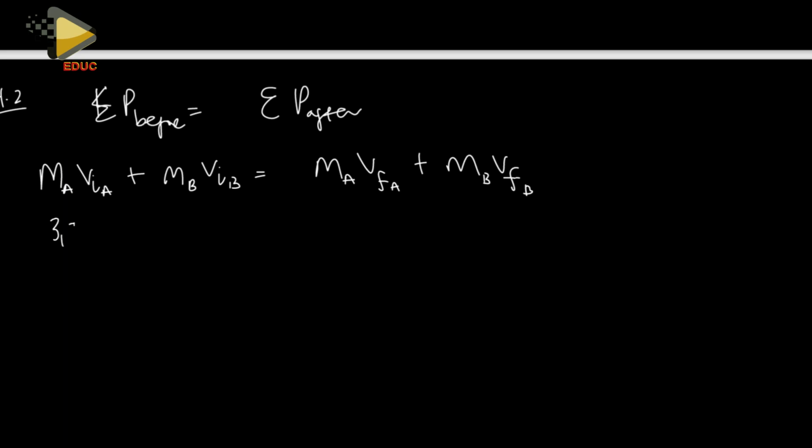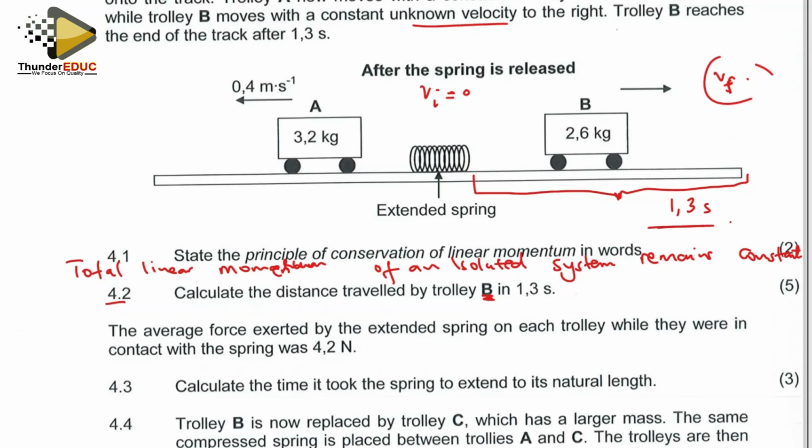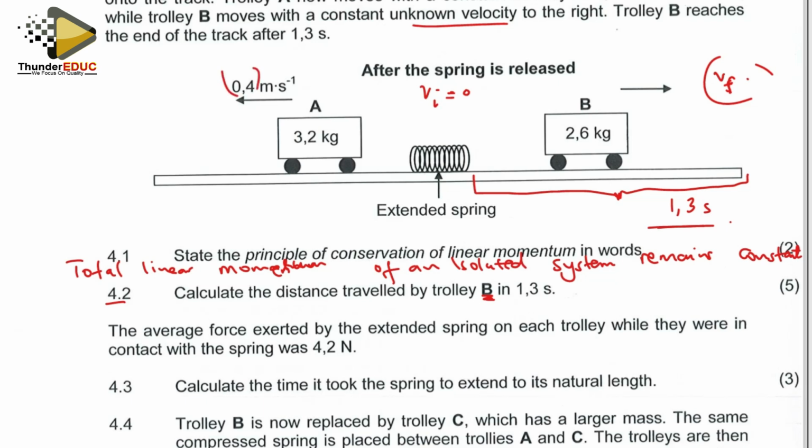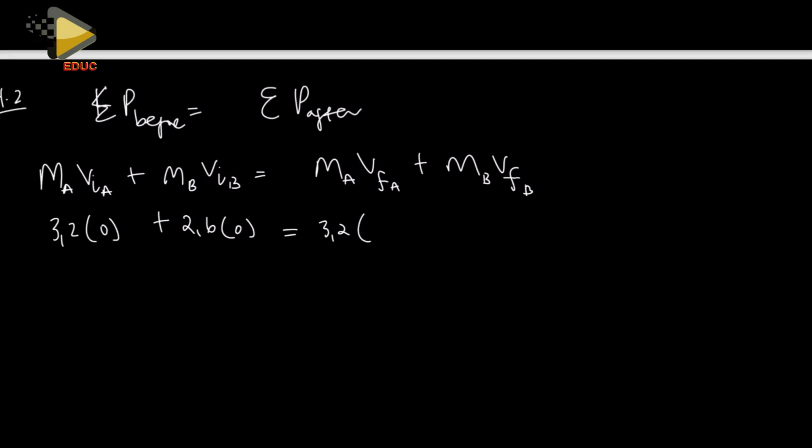Initially, it was at rest. Mass of B is 2,6. Initially, it was at rest. That is equal to the mass of A, which is 3,2, but then the velocity of A is 0,4 in the opposite direction, so I'm going to take that to be negative 0,4, plus mass of B, which is 2,6 times the V final B that I don't know.